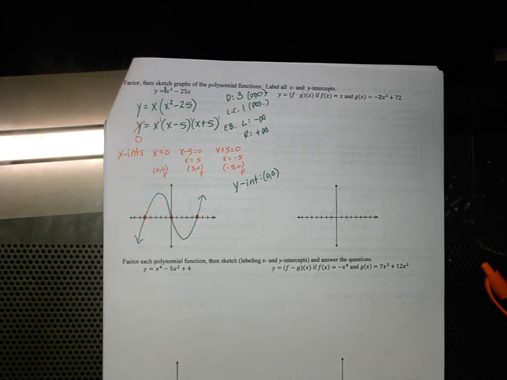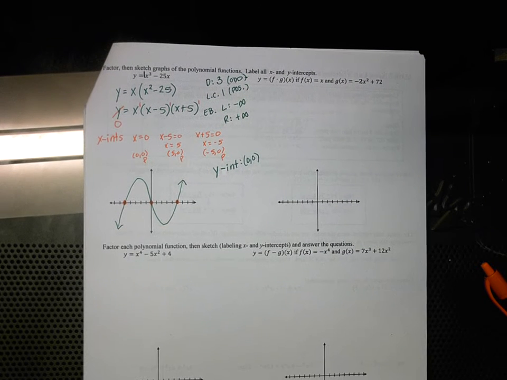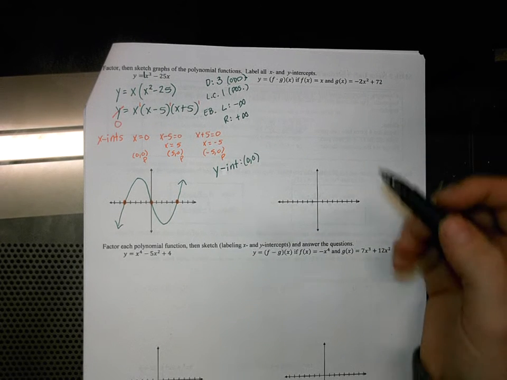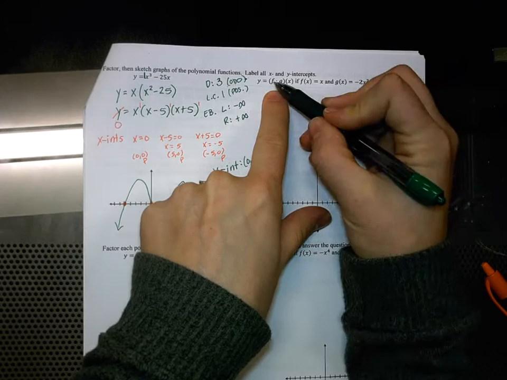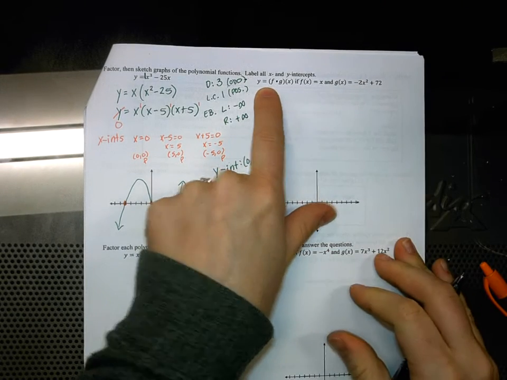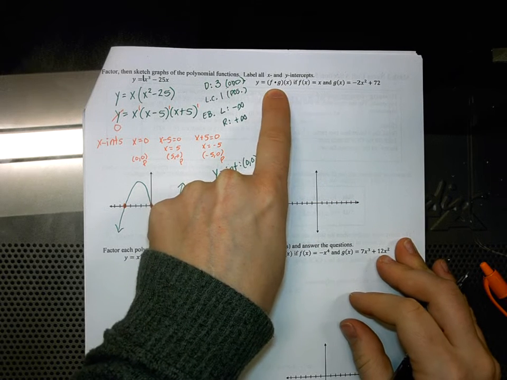So most of that was review. These next 3 problems have more of what you'll be doing in this section. If you'll remember from Unit 2, if I have a solid dot, f dot g of x, what does that mean?